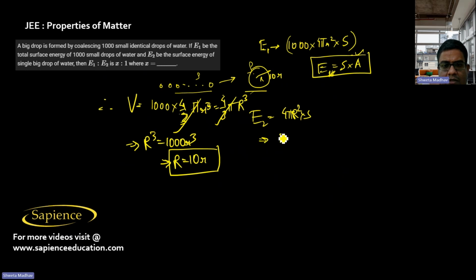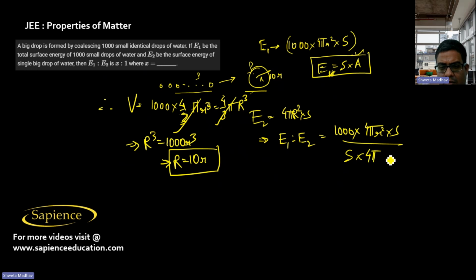So therefore E1 is to E2 that we have to find. E1 is to E2 is 1,000 into 4 pi r square into S divided by S into 4 pi capital R square.